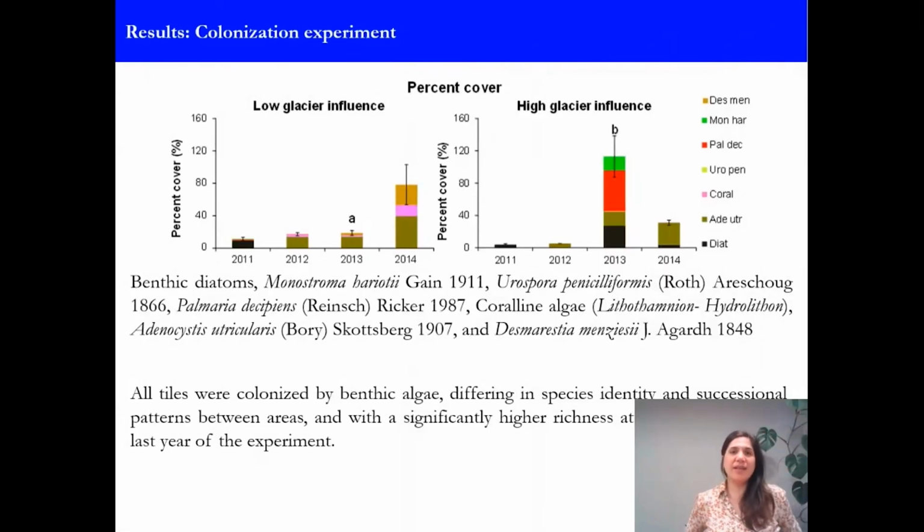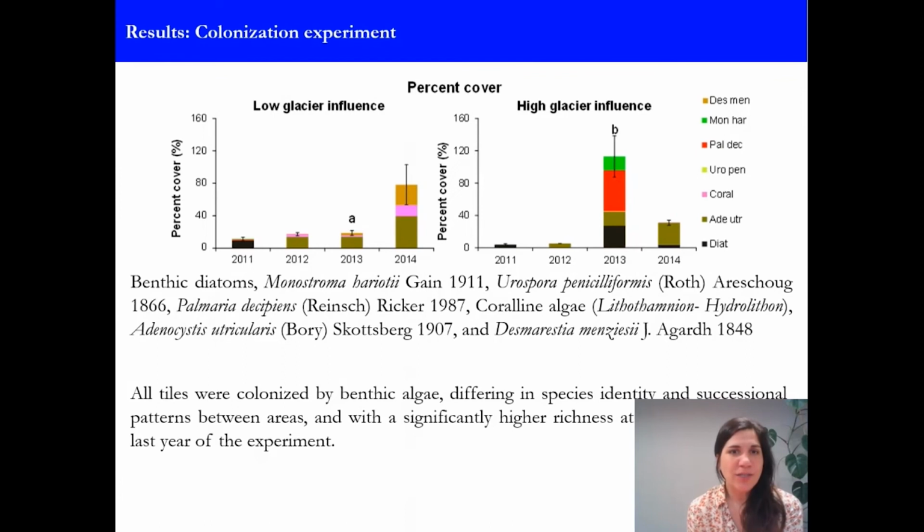So our first results show benthic diatoms, Monostroma hariotii, Urospora penicilliformis, Palmaria decipiens, coralline algae, Adenocystis utricularis, and Desmarestia menziesii.